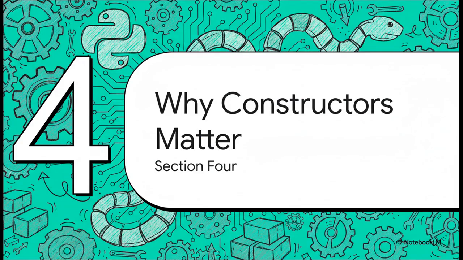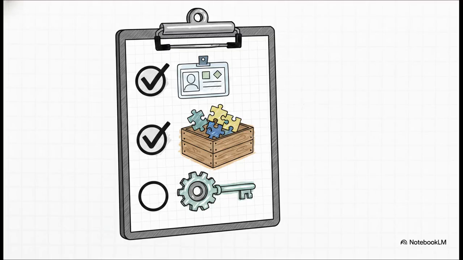Section 4. Why constructors matter. It's one thing to know how a constructor works under the hood, but why is setting this foundation so critical for writing clean, professional code? Let's quickly run through the core responsibilities of your dunder init method. First up, assigning initial values. If you're building a user object, the constructor makes sure they have a name and an email address the literal second they are created. Second, setting up variables.